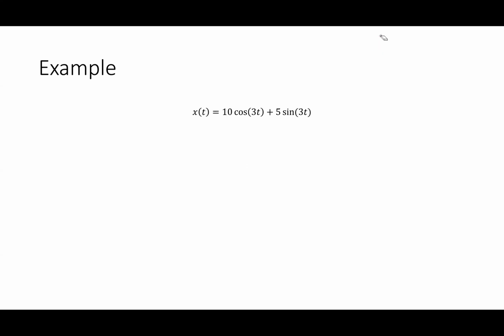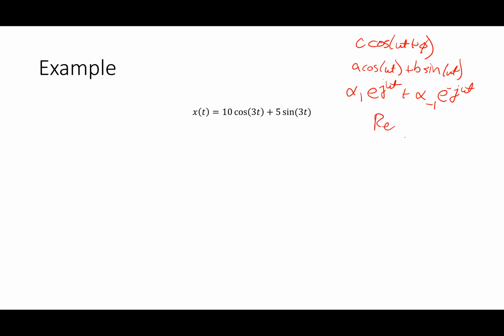It asks us to put it into C cosine omega t plus phi. It asks me to put it into A cosine omega t plus B sine omega t, and alpha 1 e to the j omega t and alpha minus 1 e to the minus j omega t.